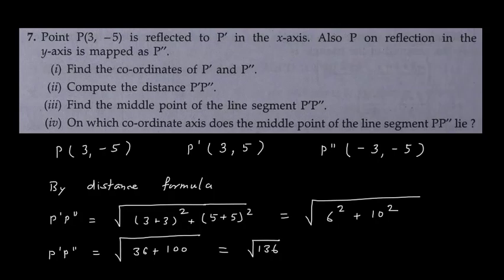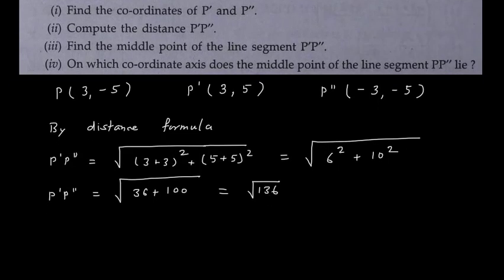Then the question is to find the middle point of the line segment. So we have to find the coordinates of the midpoint of P dash P double dash. I will show this point P dash, which is (3, 5), and P double dash, which is (-3, -5), and there is a point M, which is the midpoint of P dash P double dash.